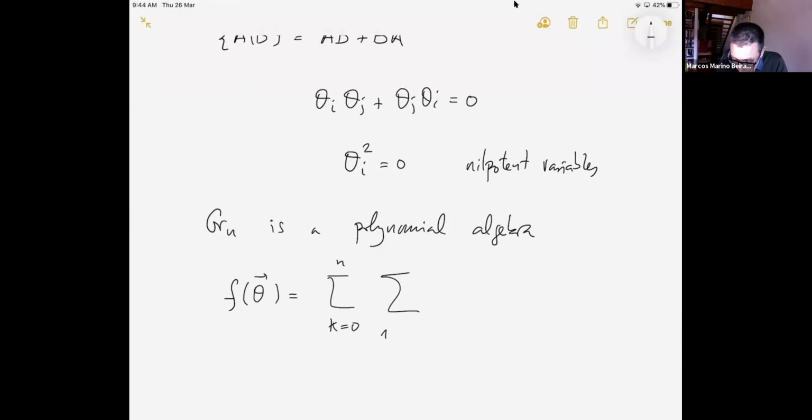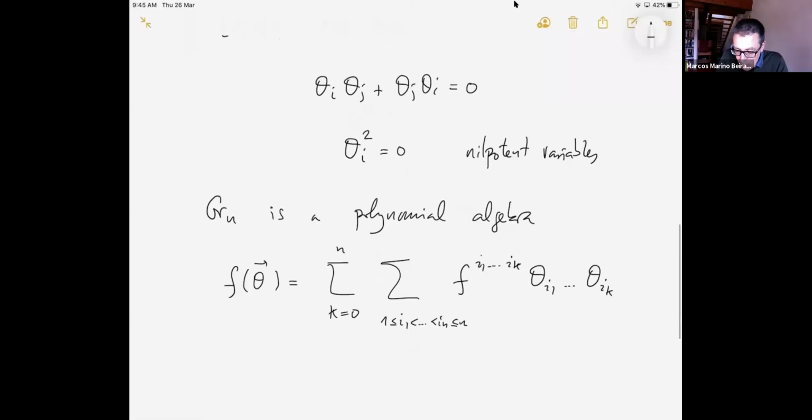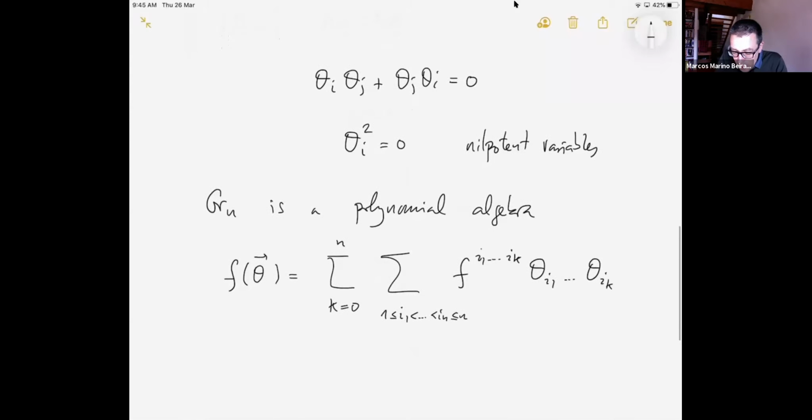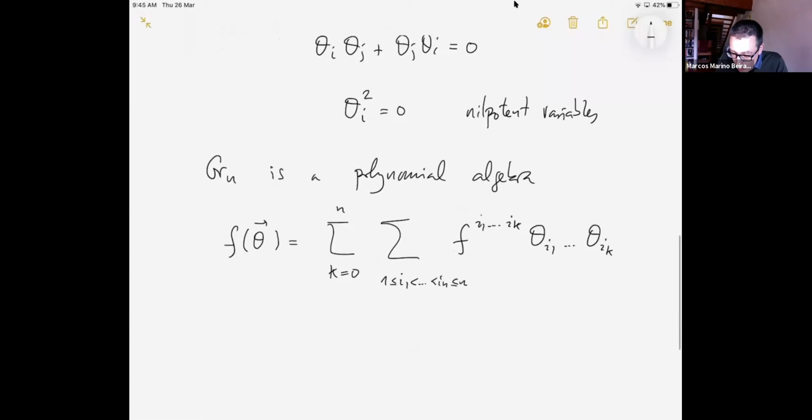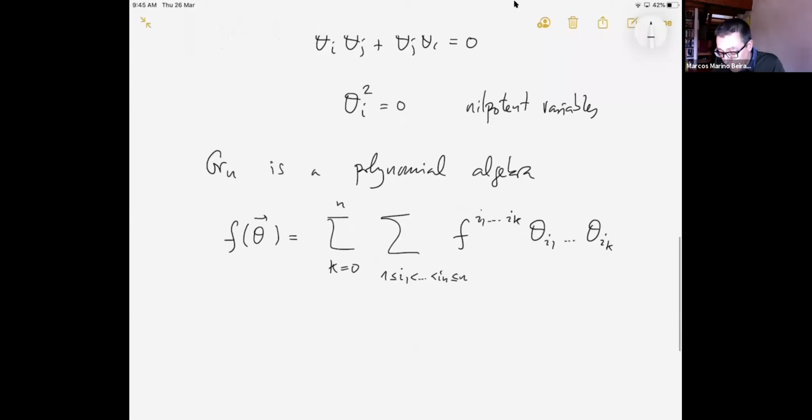So let me be more precise, like this, and then you have f equal, and then you have theta i1, ..., theta ik, okay? So this is a general element of GR_n. And so let me make some comments here. So these are polynomials in the thetas.